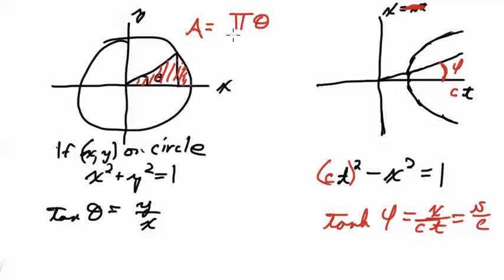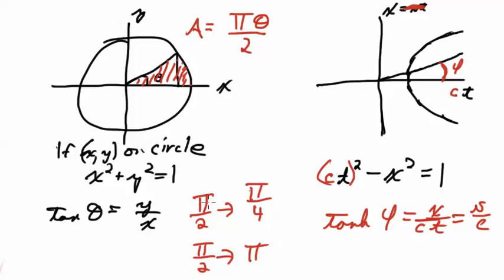Pi times theta over 2. So if you go all the way around the circle, which is 2 pi radians, the area is just pi.